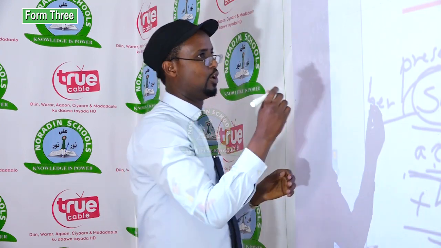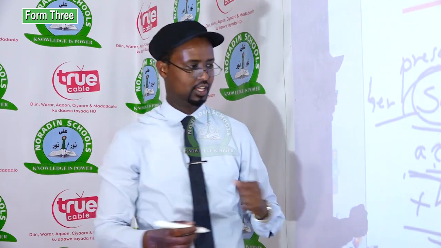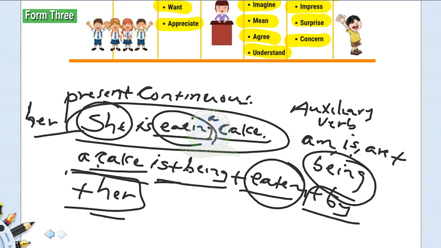So in passive, we only have two changes. The auxiliary verb and the main verb. There's no other place that can change. In passive, all you have to think about is to change your auxiliary verb and the main verb.